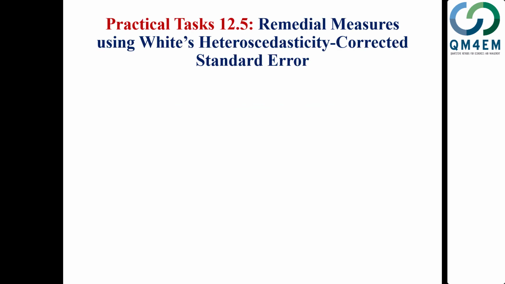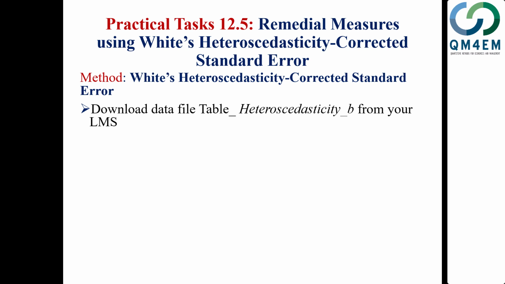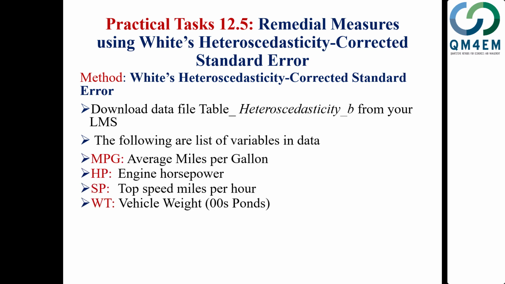Now this is the last task for this particular topic. This is the White Heteroscedastic Corrected Standard Error method for fixing the problem of heteroscedasticity. So again, get the heteroscedasticity data from your LMS, and select these three variables, the explanatory variables and the dependent variable that we are going to use.